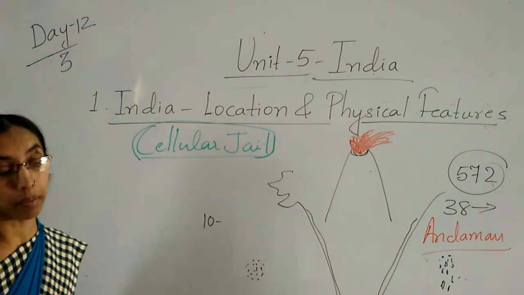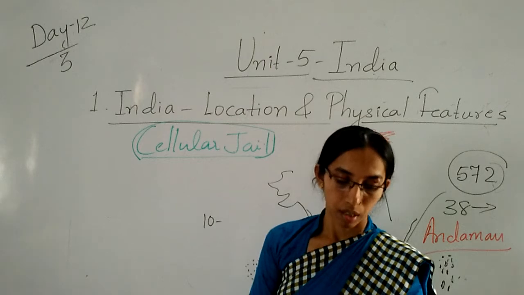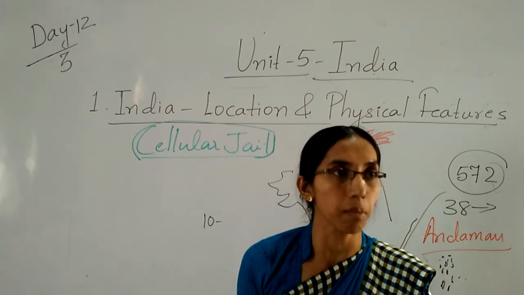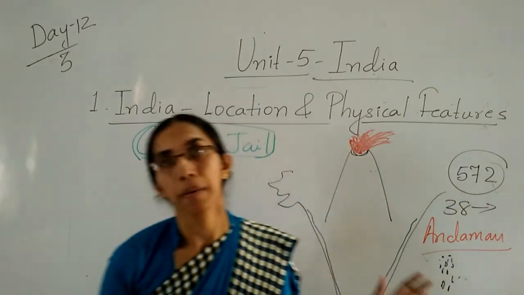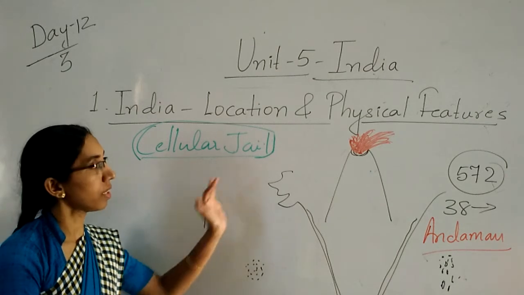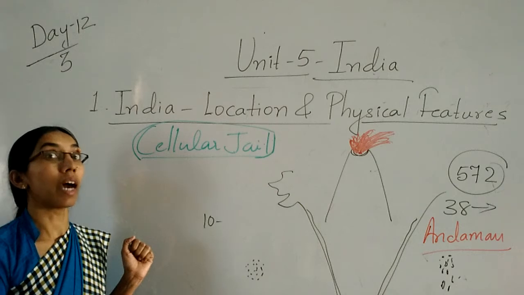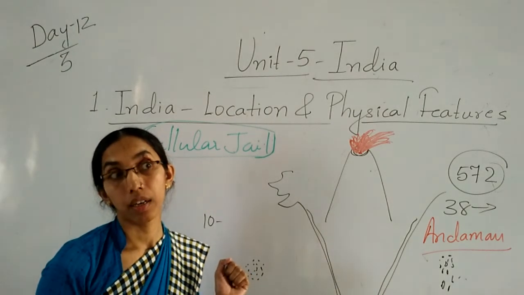If any people were convicted of any offence against the British government, they would be given very strict punishment in this cellular jail only. Nowadays we can see the Kala Pani on TV. Many times they have shown the Kala Pani.